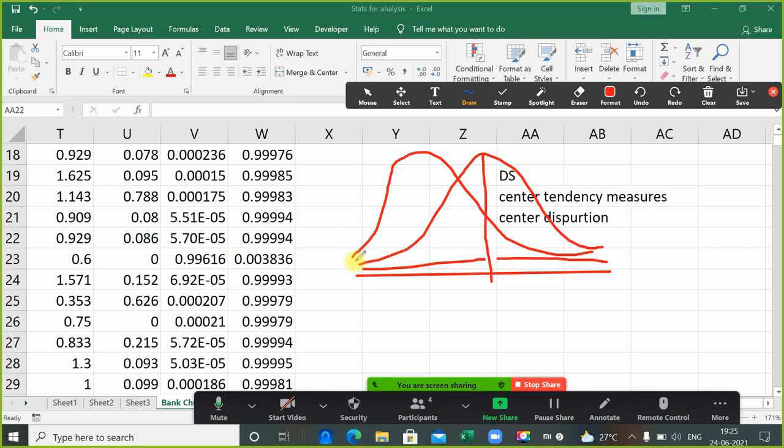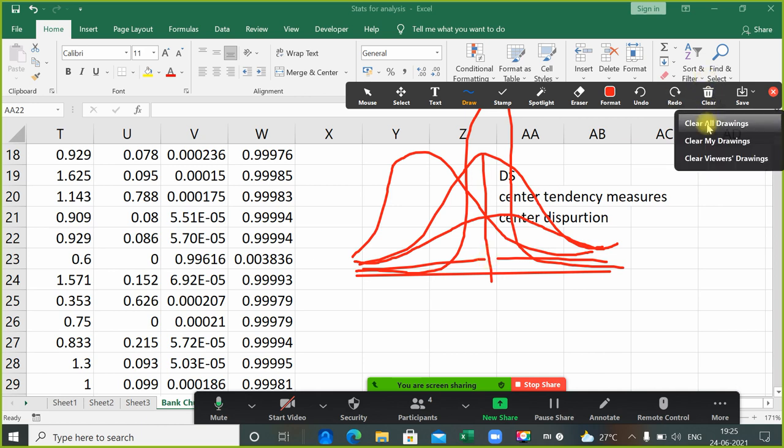Kurtosis is whether it is a flat distribution, or we may have a peaked distribution like this. All these things we will be able to understand by using the dispersion statistics. Central tendency will tell you where exactly the center is located for the data.